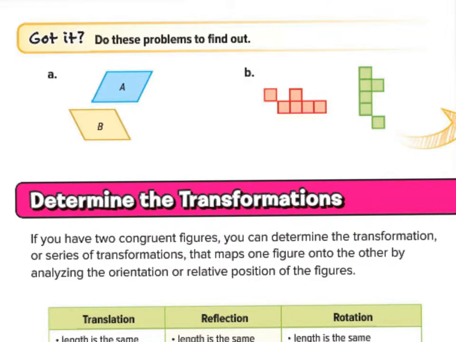Okay, let's try it. You might be able to do this just simply by looking at them, but we do have to explain what we have to do first. We have to do a translation or a reflection in order to prove that there is congruence. Here we have two parallelograms, A and B. If I were to make a reflection of A, it would look something like this.